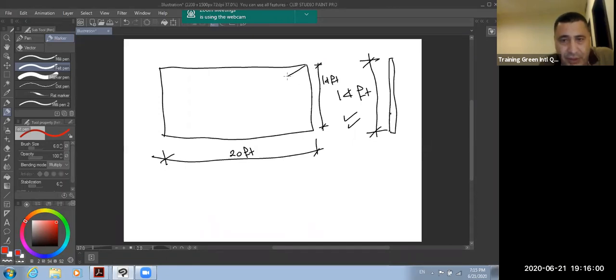Where is the CG of the weight of the panel? This is the CG. This is the weight of the panel.